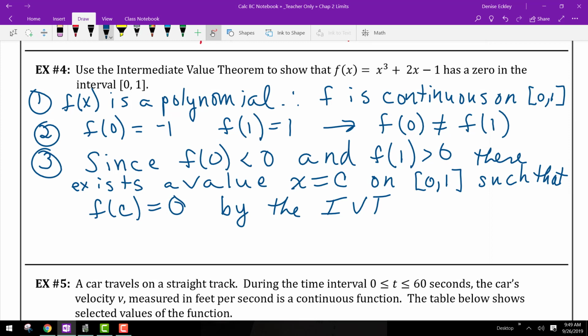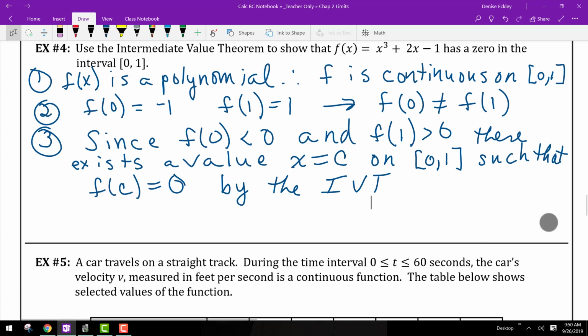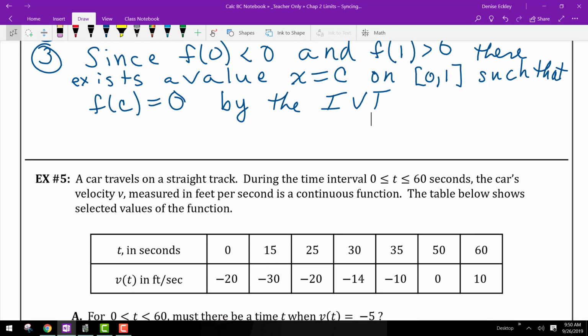And you can write IVT. Everyone in math knows what the IVT is. So that's how you show there's a 0. We showed the conditions were met, and then we can say that c is between the two endpoints, and since one endpoint has a negative value and the other is positive, we can say that the IVT exists.